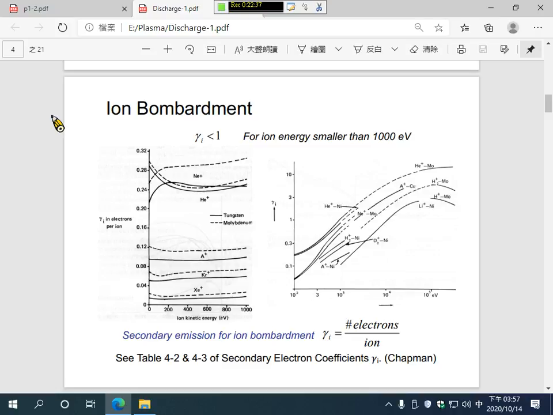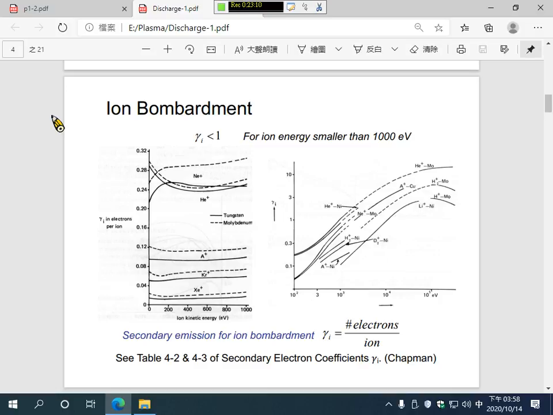Okay, so if you want to generate an ion beam with such high energy, you need an ion beam source. So this experiment was conducted in an ion beam system, not in a plasma system. Okay, so in the ion beam system, you can actually control the ion energy of the incident ion beam.